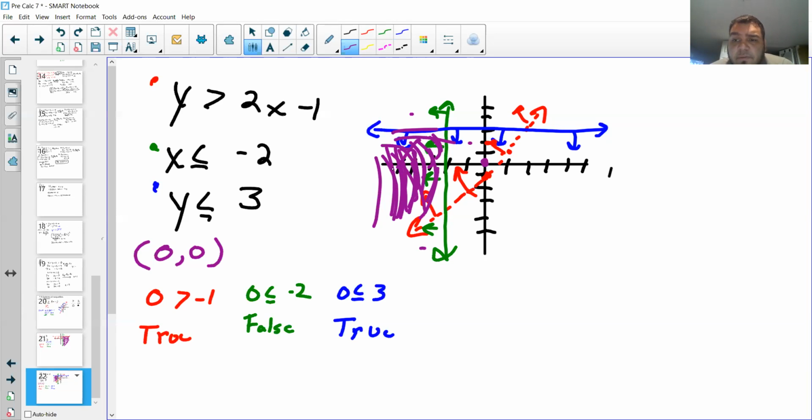So that's a system of equations with 3 parts to it. Any questions on that? I'll take it.